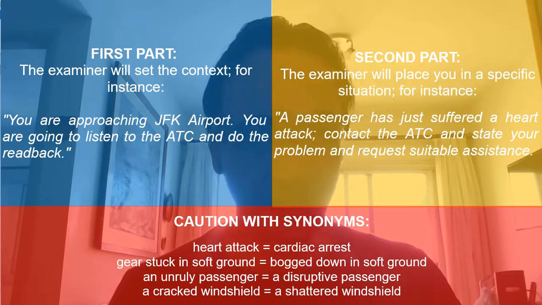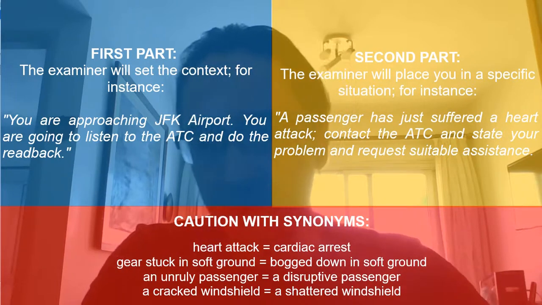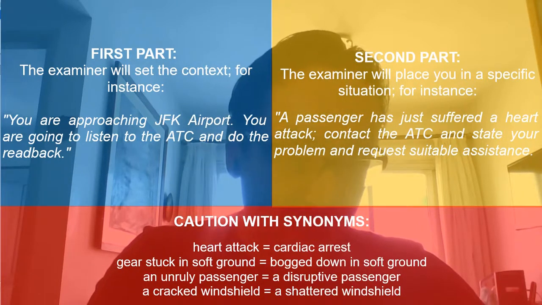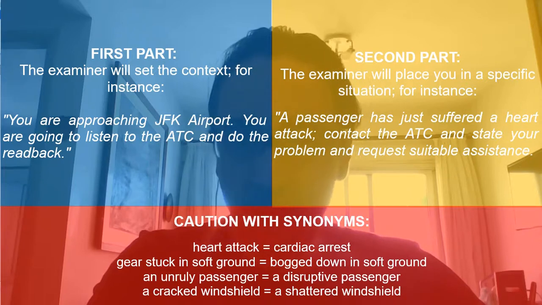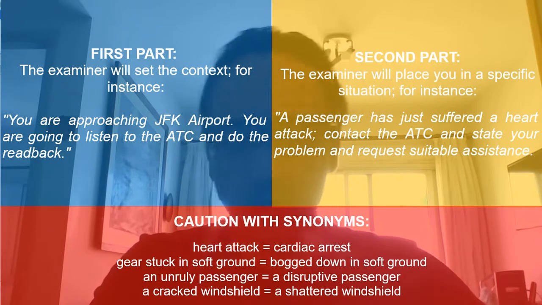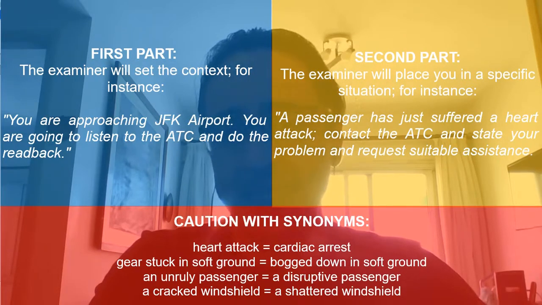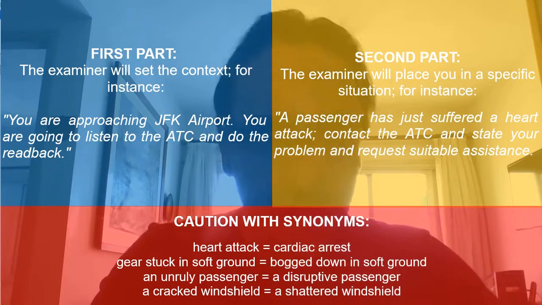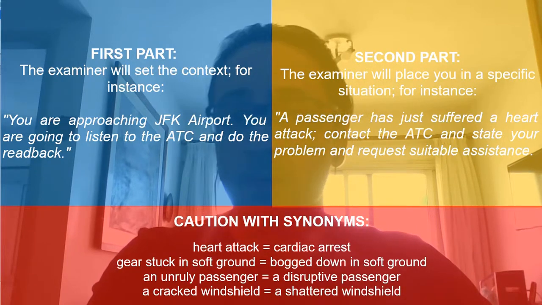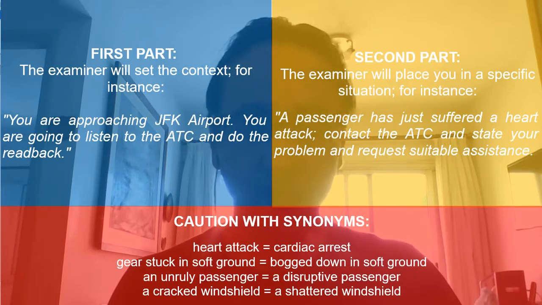Again, the question is direct to the point, it's straightforward. The question is, what did the controller say? It's not about you. So it's only you as a controller. So the controller told me, the controller said to me, the controller asked me to confirm, the controller asked me to turn right, left, to squawk. So only the controller part, right?